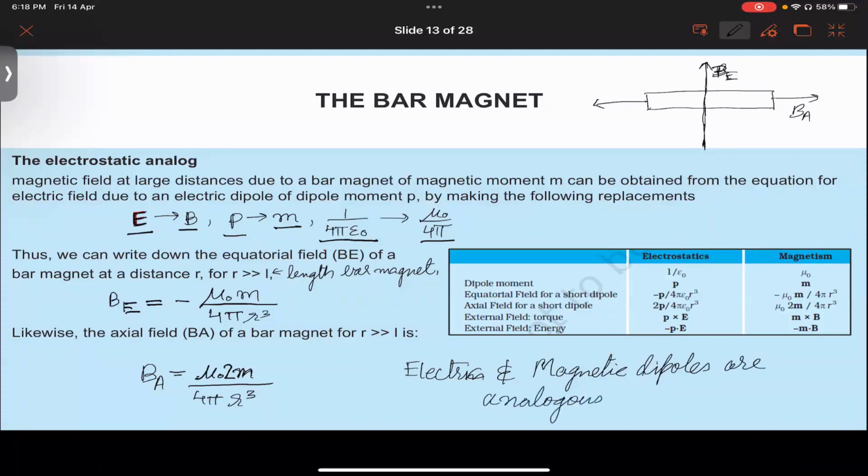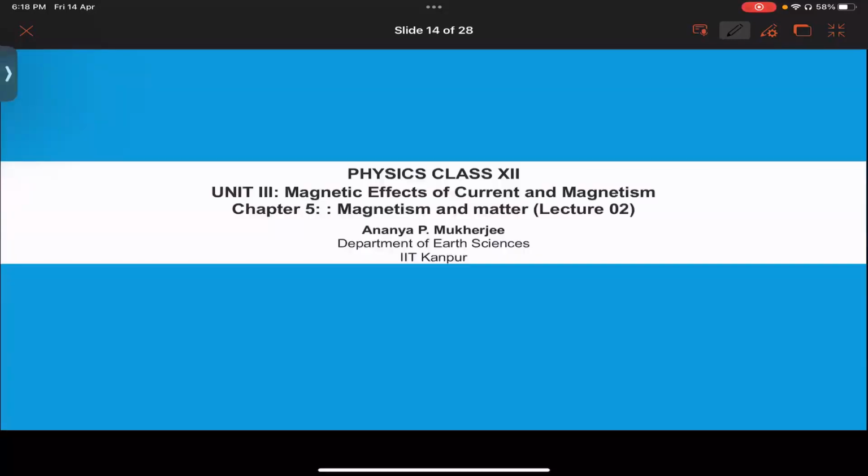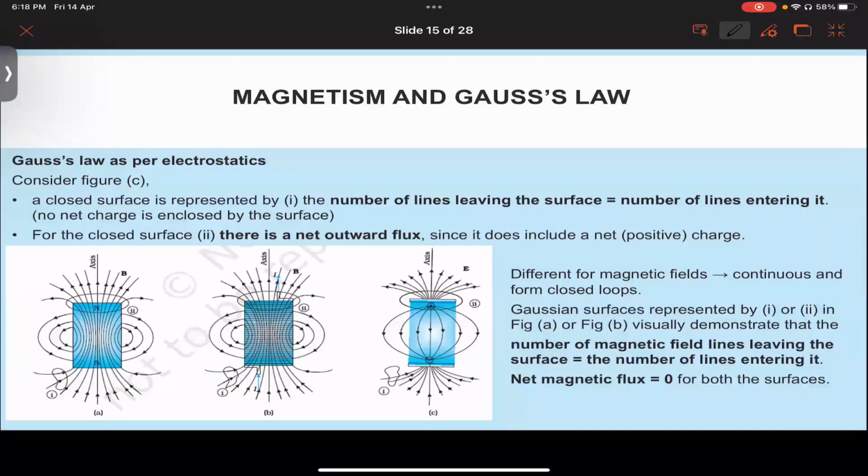If you substitute the terms for electrostatics, you can see there are equivalent terms or variables in magnetism also. So with that, we'll move on to today's content.